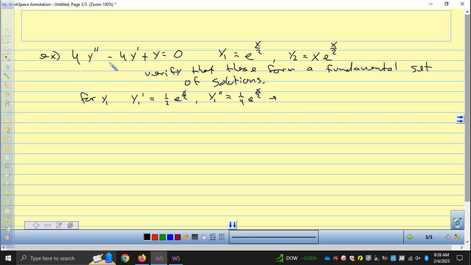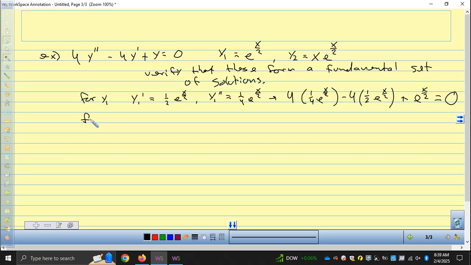And then I substitute that into the differential equation. 4 times 1/4 e to the x over 2 minus 4 times 1/2 e to the x over 2 plus y1, which is e to the x over 2, equals, and we add all this up and we get 0. So that is a solution.